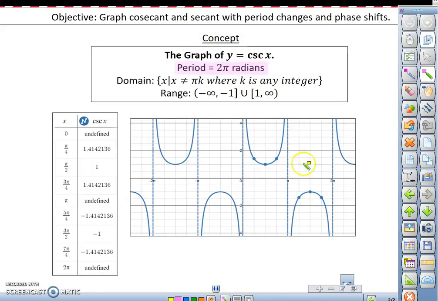So it creates 3 asymptotes in a full cycle of our cosecant function. And so the domain of the cosecant function is not the set of all real numbers. It excludes the values that create the asymptotes. The range is from negative infinity to the maximum value here of negative 1, and then from 1 up to positive infinity. So there's nothing in this middle section for cosecant.